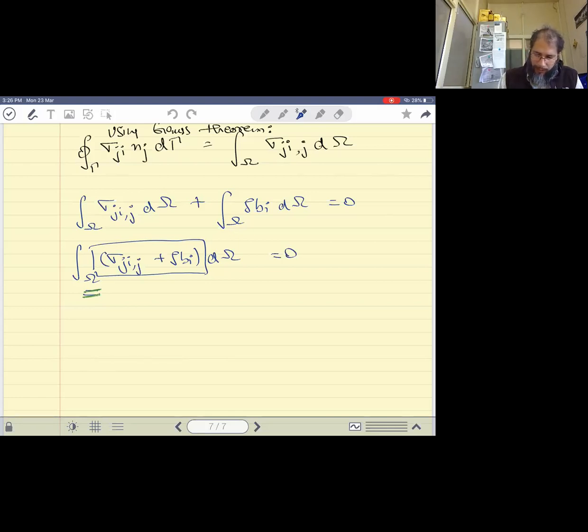So this gives the following equation, and this equation is called the local equilibrium equation.